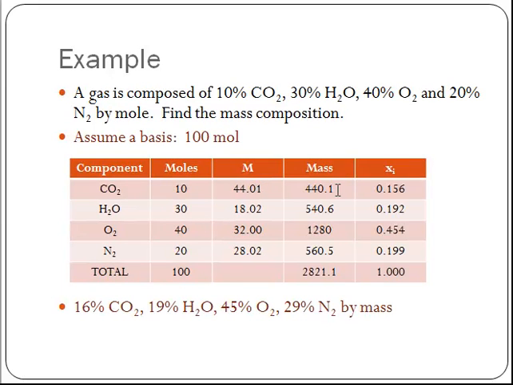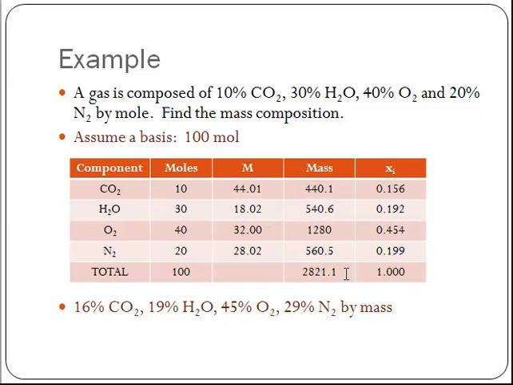So 440 grams of CO2, 541 grams of water, 1280 grams of oxygen, 561 grams of nitrogen. If I add these up, it tells me how many grams I have of the total, 2,821.